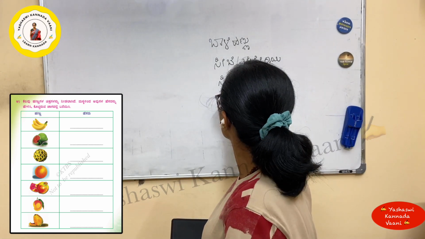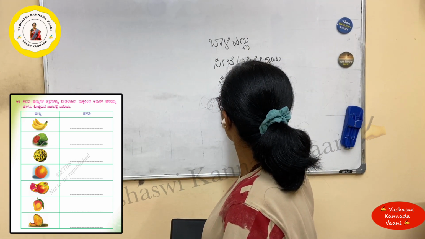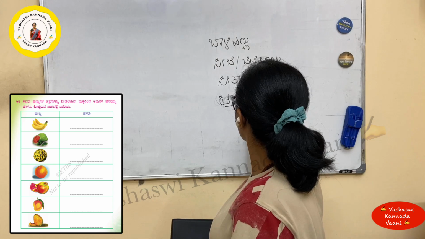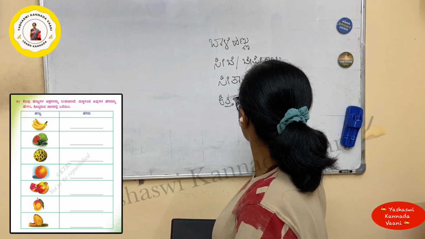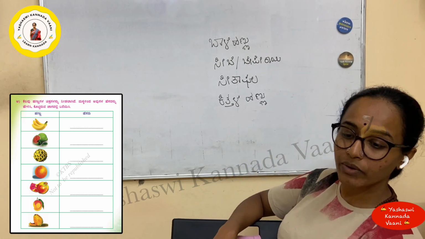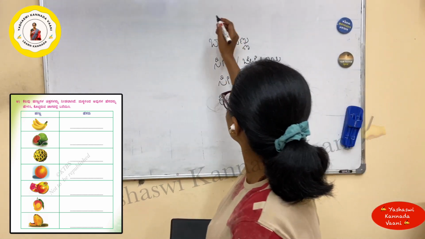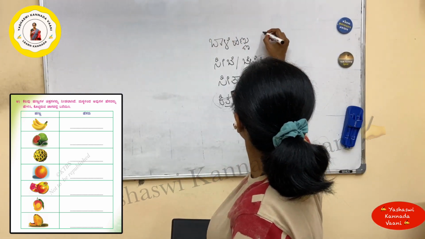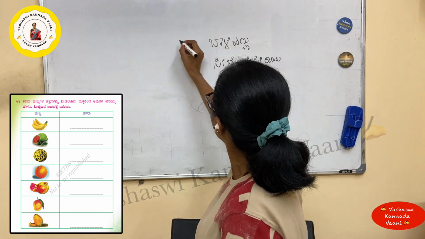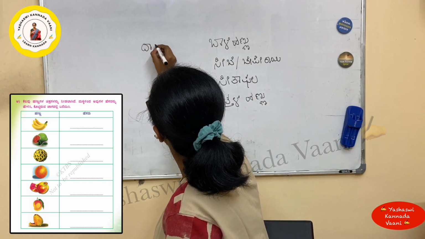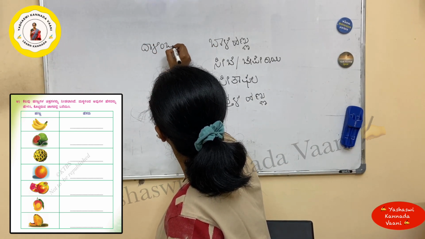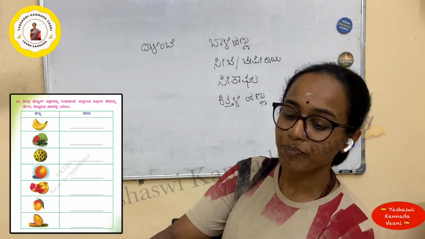Next, orange is kittale hannu. Next, pomegranate, I'll write it here, daalimbe.